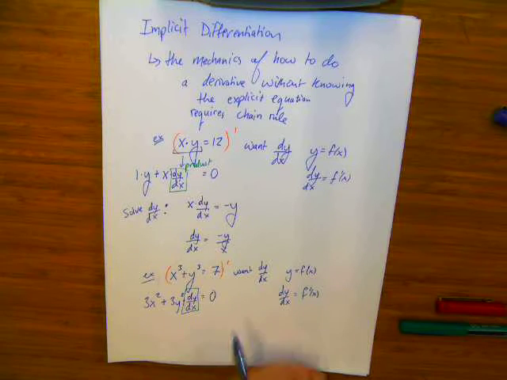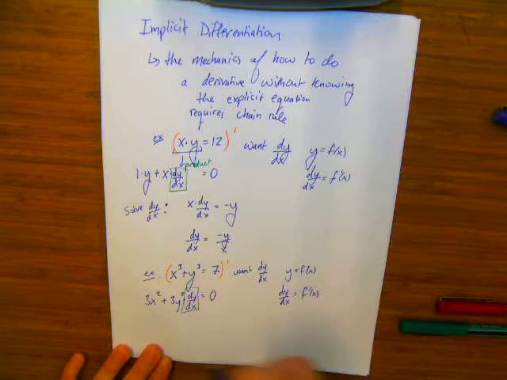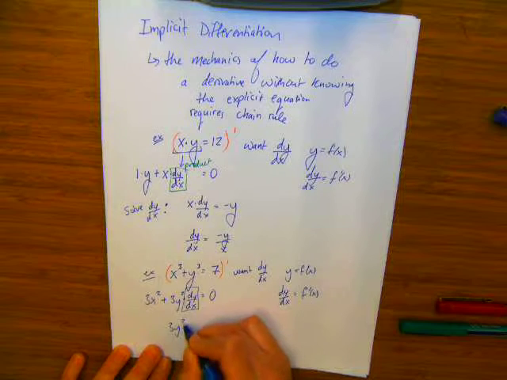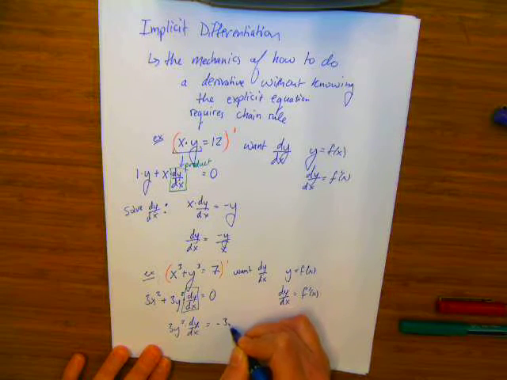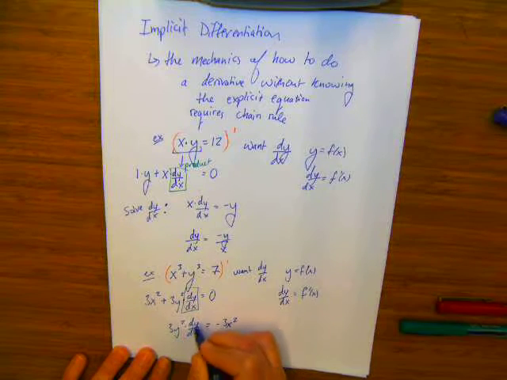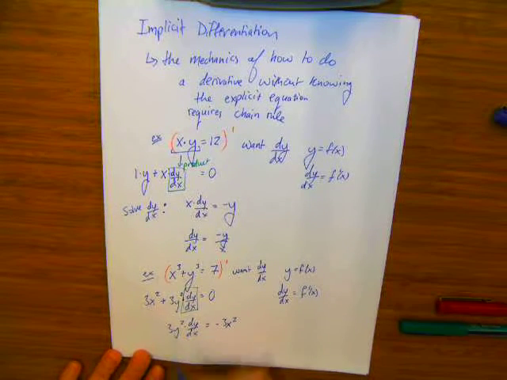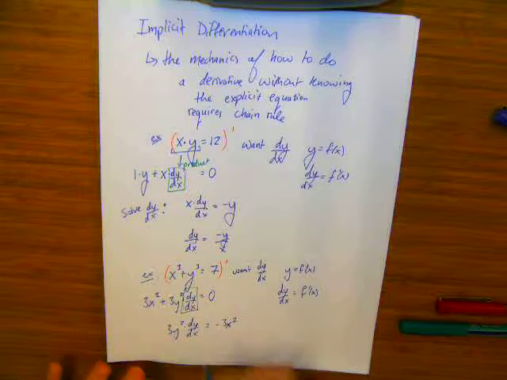But now I have an equation. I want to get the dy dx by itself, so the rest of it is algebra from here. What will you do to get it by itself? Subtract the 3x squared, right? And then divide by the... I want to get the dy dx by itself. I'm multiplying by 3y squared, so I'll divide it out.